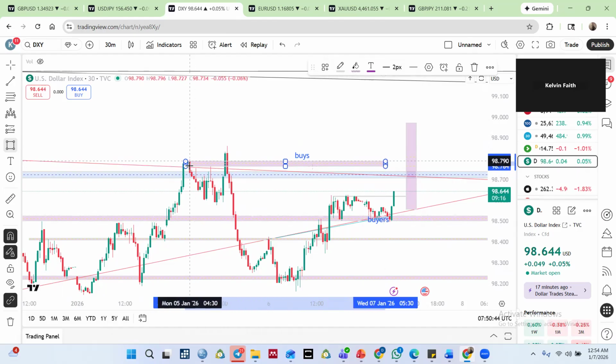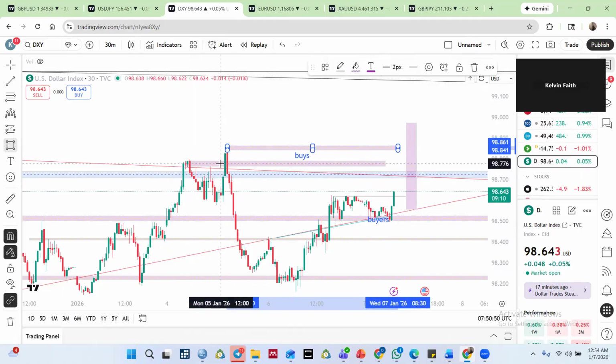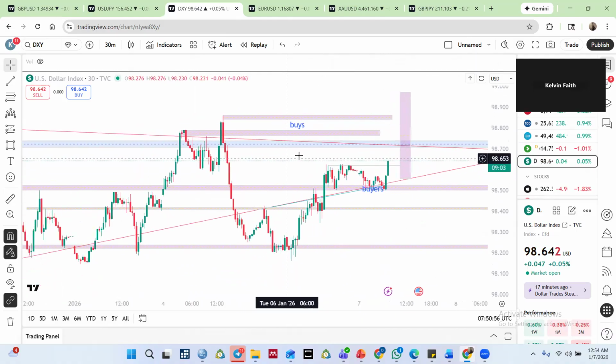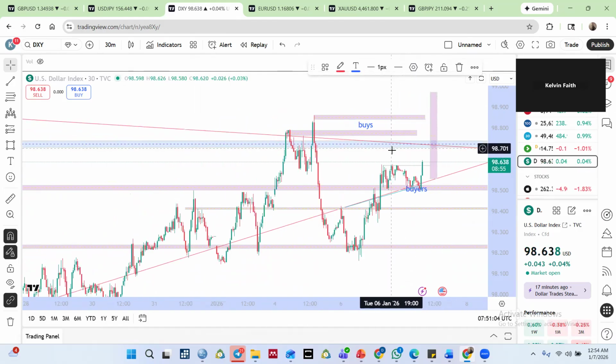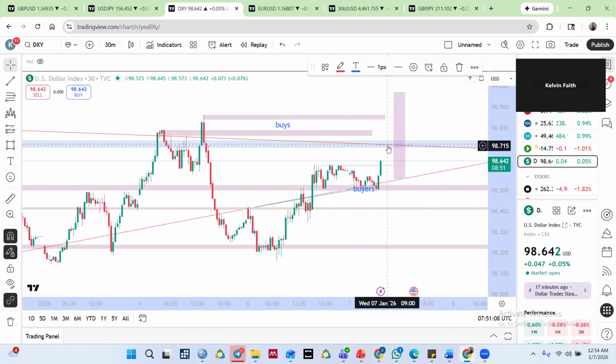We want to see if buyers will be active at this area and also at the top here. We want to see how these 2 points will react. And then there is the second trend line also here, a counter trend line. So let's see how price is going to react to that counter trend line when it gets up here.